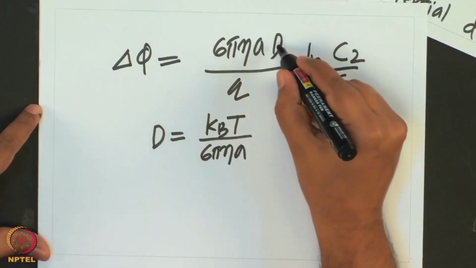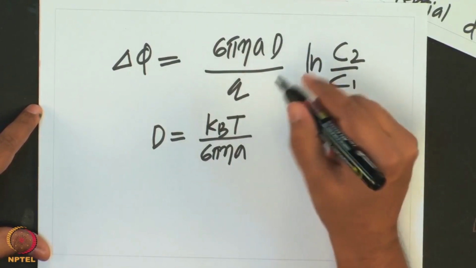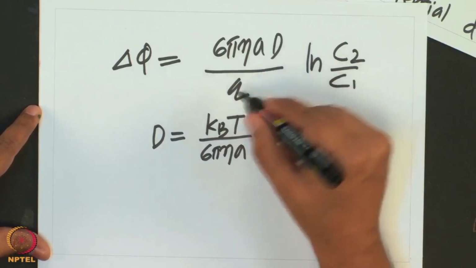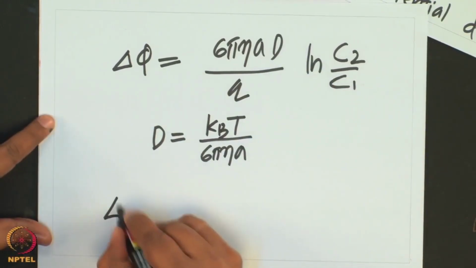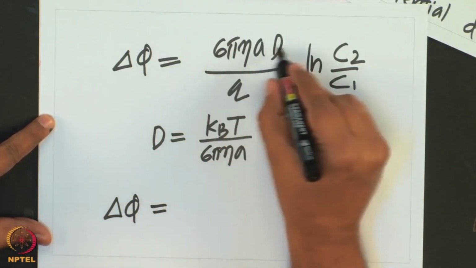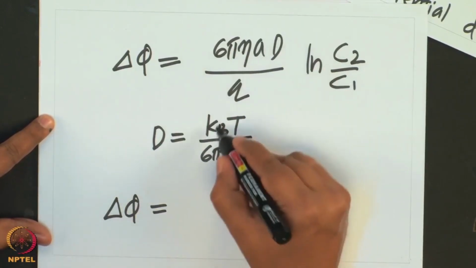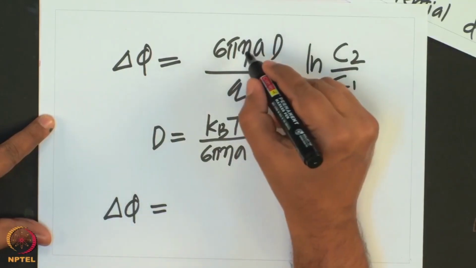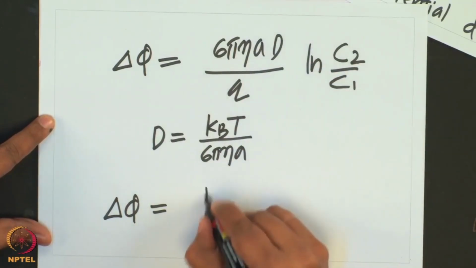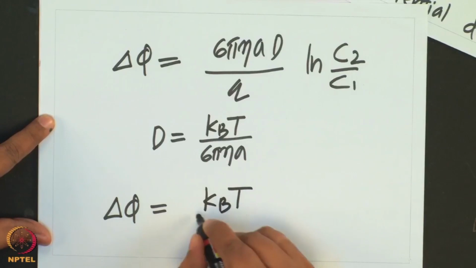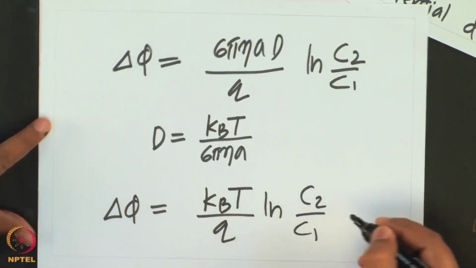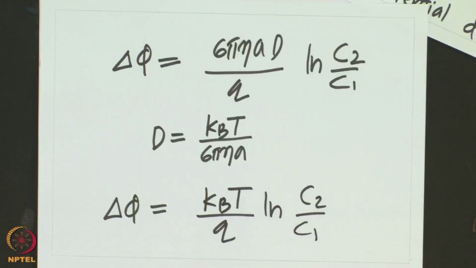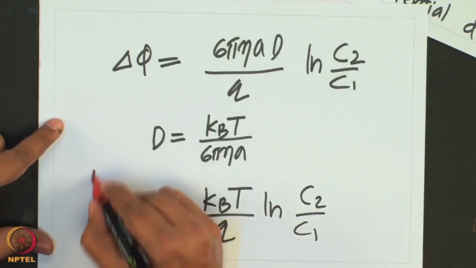Substituting the diffusion coefficient d as kBT by 6 pi eta a, the 6 pi eta a cancels, and I have delta phi equal to kBT by q into log of C2 by C1. This is another form in which the Nernst equation is taught.